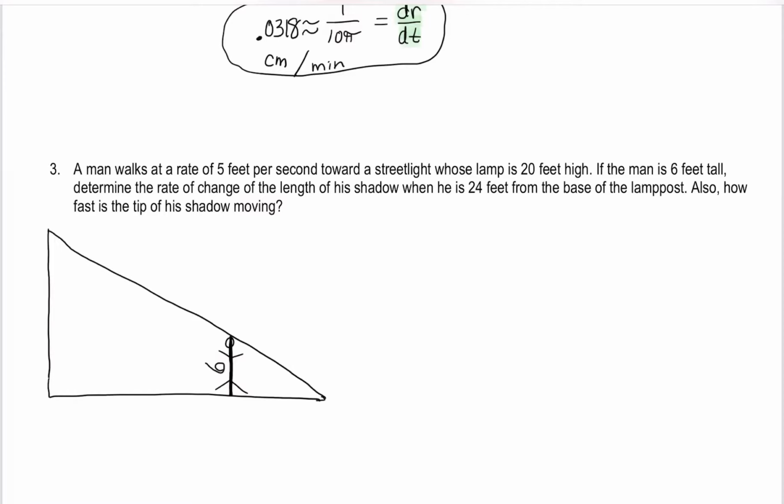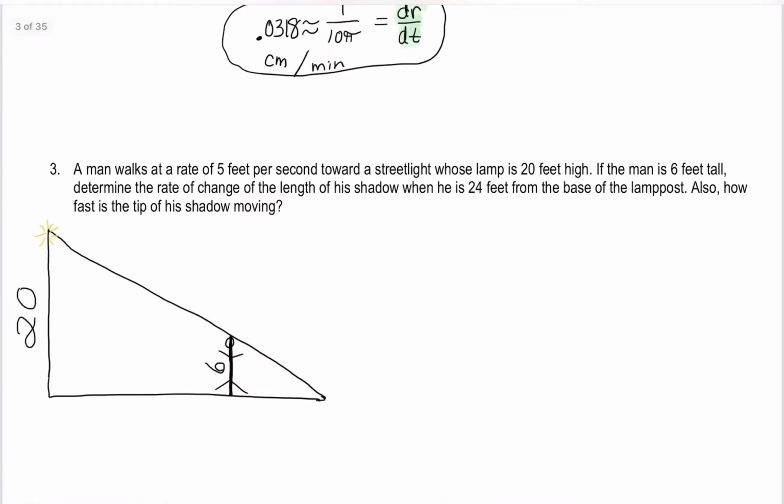The other thing that is constant, up here, is my light. So this is my, wow, beautiful artwork, gorgeous. Okay, there is my street lamp, and that street lamp height is also not changing. This height is 20.